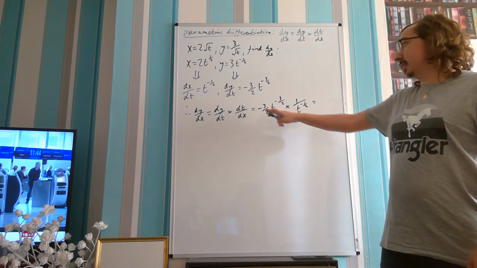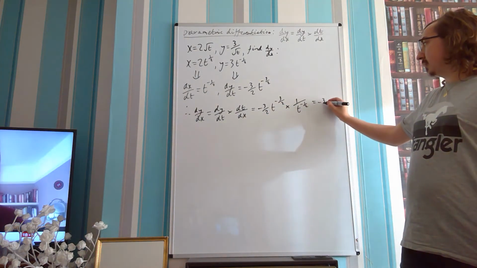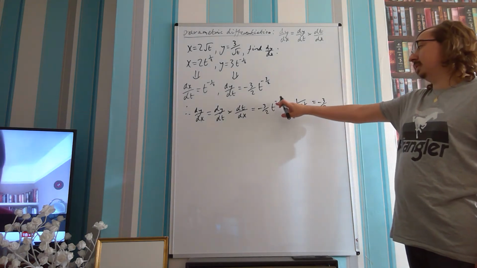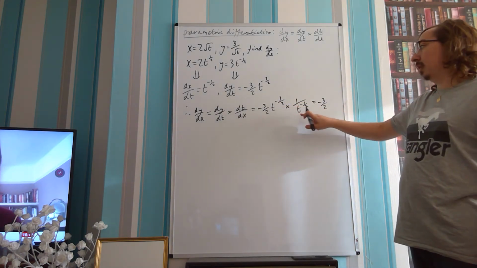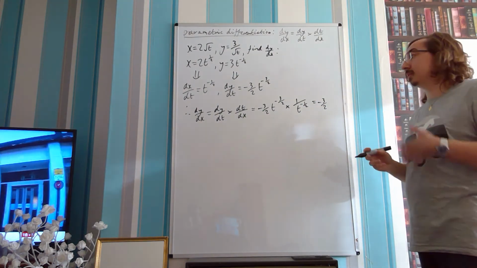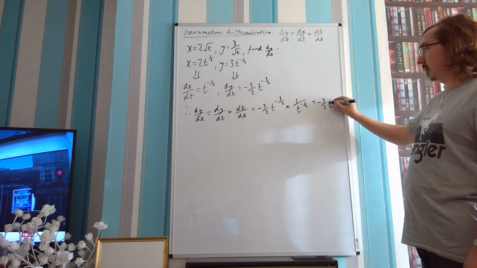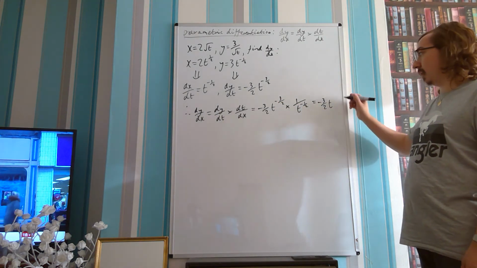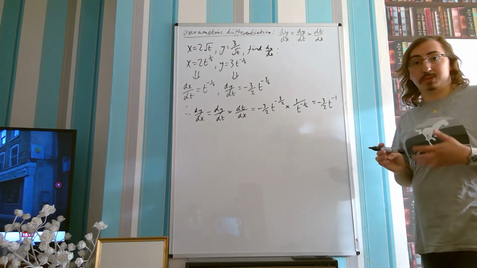So, when we combine this together then, we have minus 3 over 2, and we've got t to the minus 3 over 2, really divided by t to the minus a half, so it becomes minus a half, or plus a half, and minus 3 over 2 plus a half becomes minus 1.